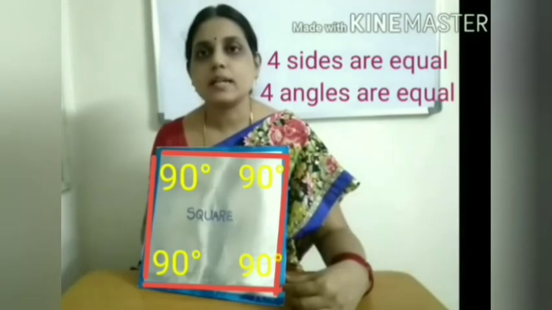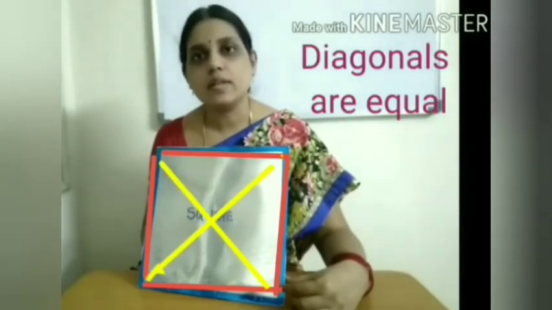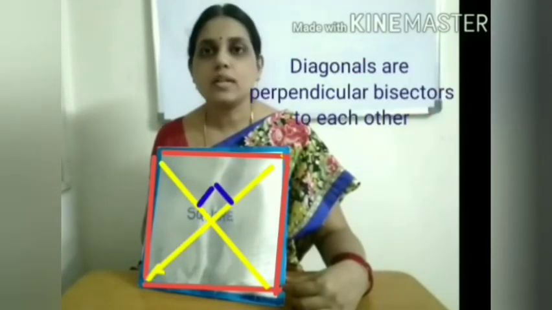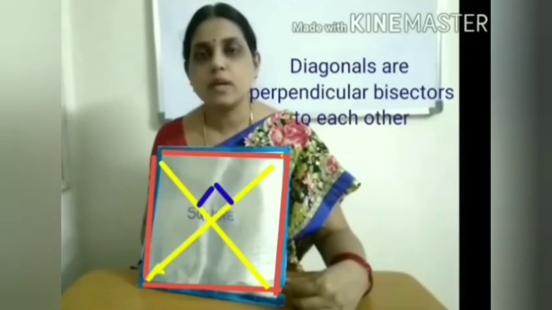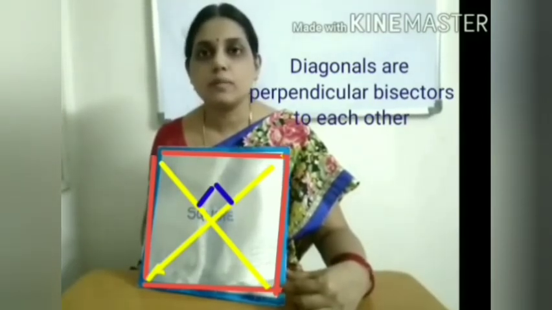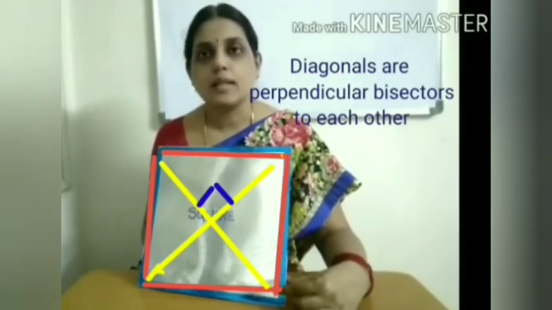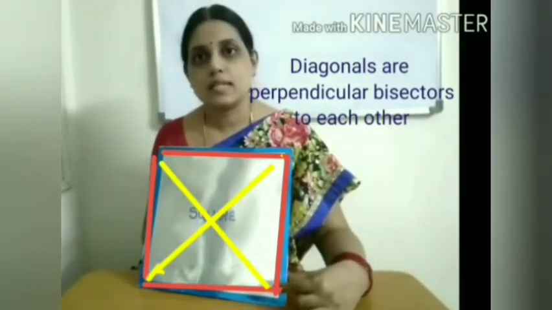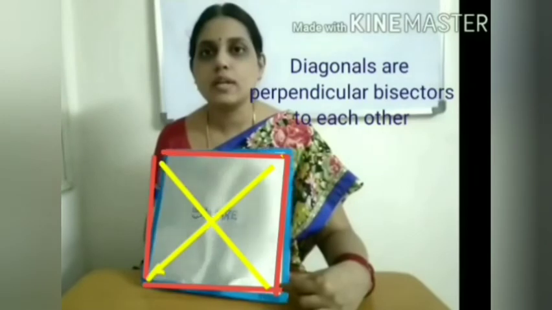And just like in rectangle, the diagonals are equal in length. And just like in rhombus, diagonals are perpendicular bisectors to each other. So diagonals are perpendicular bisectors to each other, and the diagonals are equal in length. All the angles are equal, all the sides are also equal. So this is a regular quadrilateral.